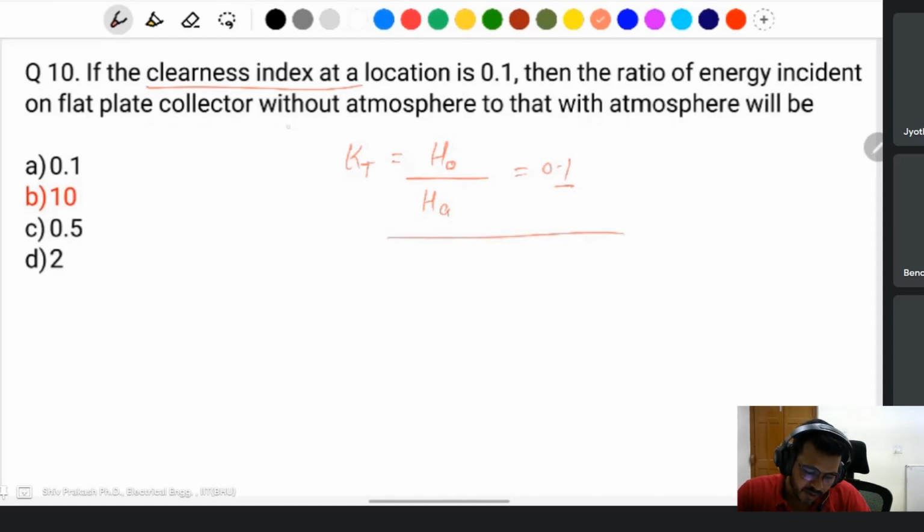And if they ask about the incident energy on a flat plate collected without atmosphere to with atmosphere, oh sorry, this will be written and asked about the same thing, I think the opposite of this one. It will be 10.